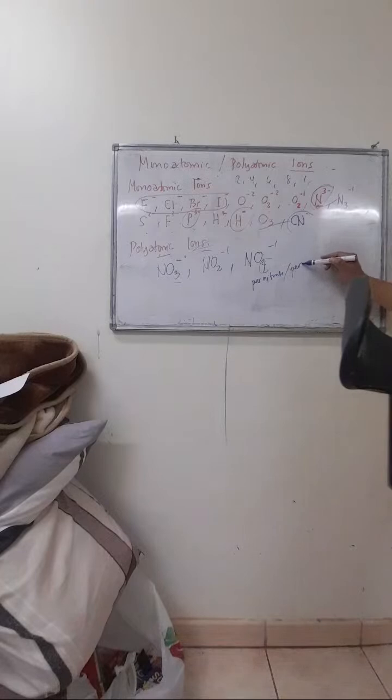Pernitrate, or the other version to call this is peroxynitrate. If the subscript of oxygen is 4, again, you will be tempted to say nitrogen tetroxide. But there's a charge. It's a polyatomic and you can never say that one. Because 4 is tetra or tetro, depending on the word you are following. If it's oxide, it's tetroxide.